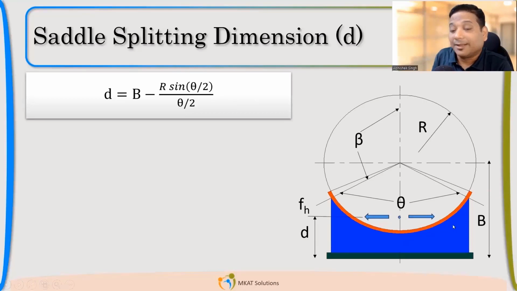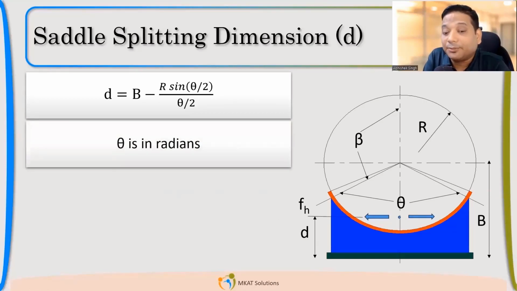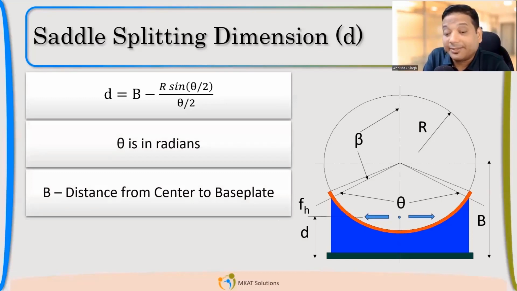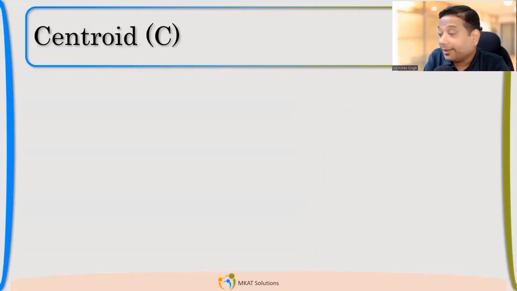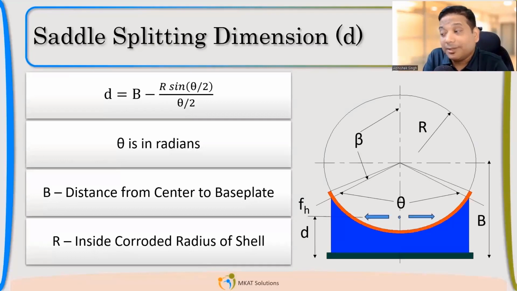So that is the D value. Use this and you'll be able to get the D value. Theta you have to take in radians definitely. B is the distance from center to the bottom of the base plate. And R is definitely the radius of the shell, inside. Great. So if D is known, definitely we can calculate the moment.